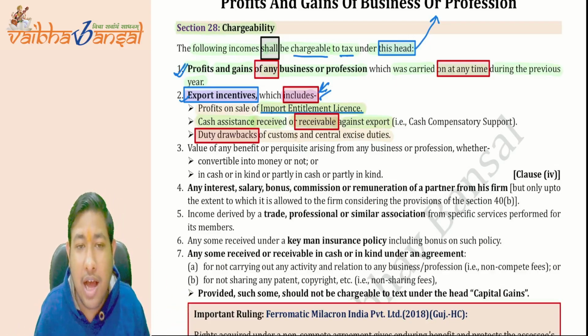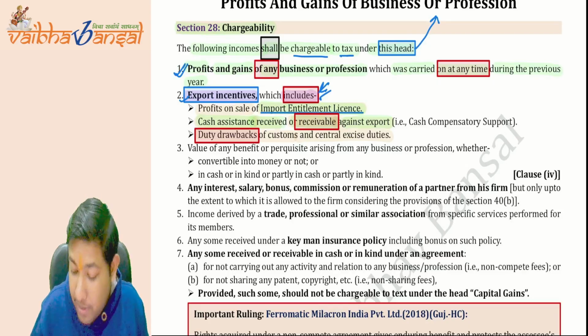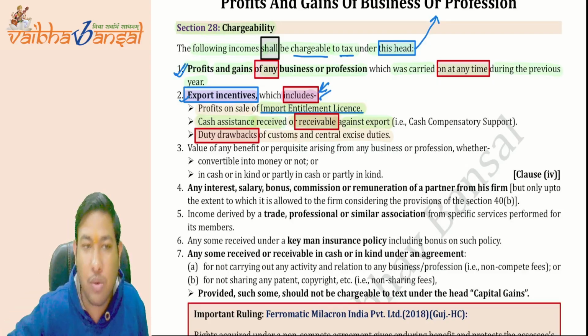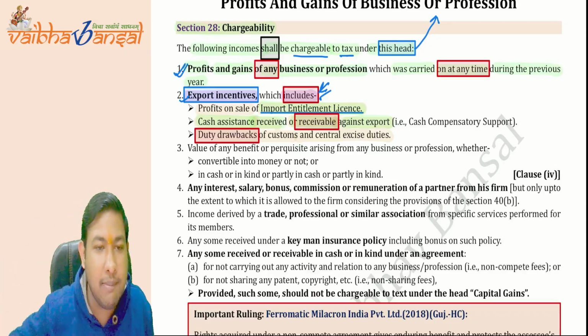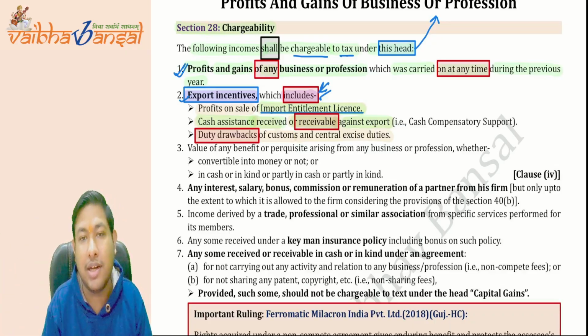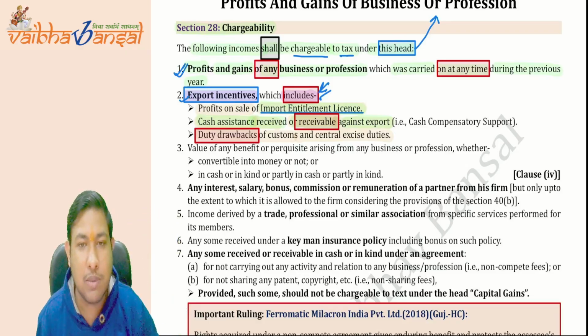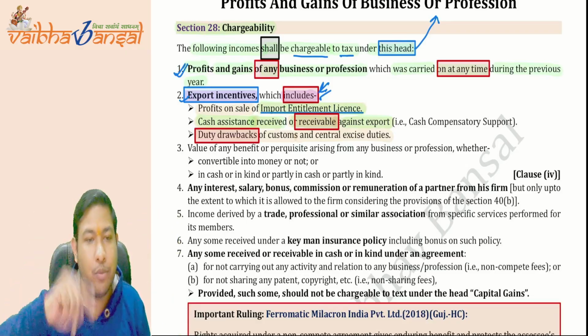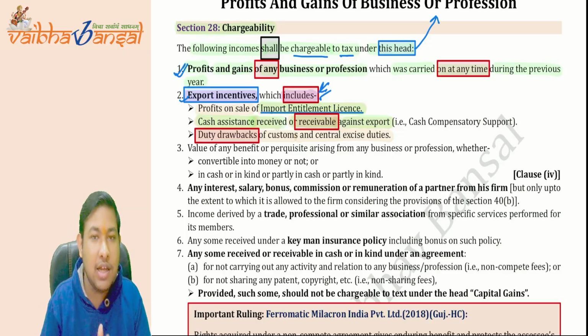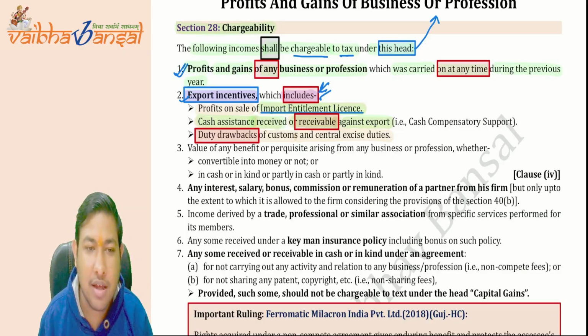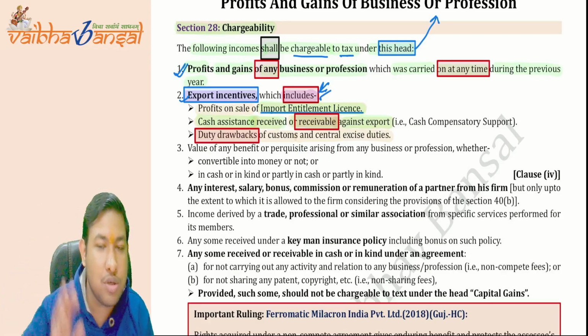I need the duty. You are going to export something and import something, so I need duty for that. As per the law, the custom officer is required to collect the duty on imports and exports, so you have to give some duty to that custom officer.